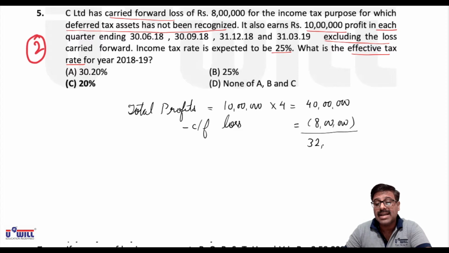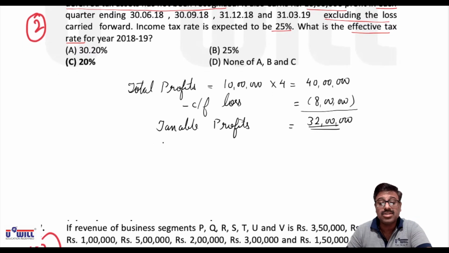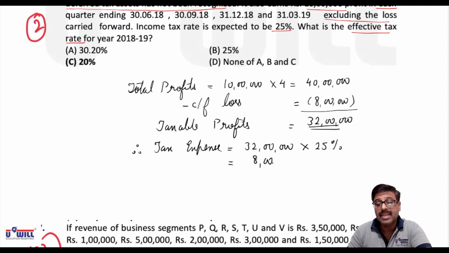So you will pay tax on only 32 lakhs. You can say taxable profits are 32 lakhs. Now tax is 25%. So what will be the tax expense? 32 lakhs into 25%, 1/4, that is 8 lakhs.